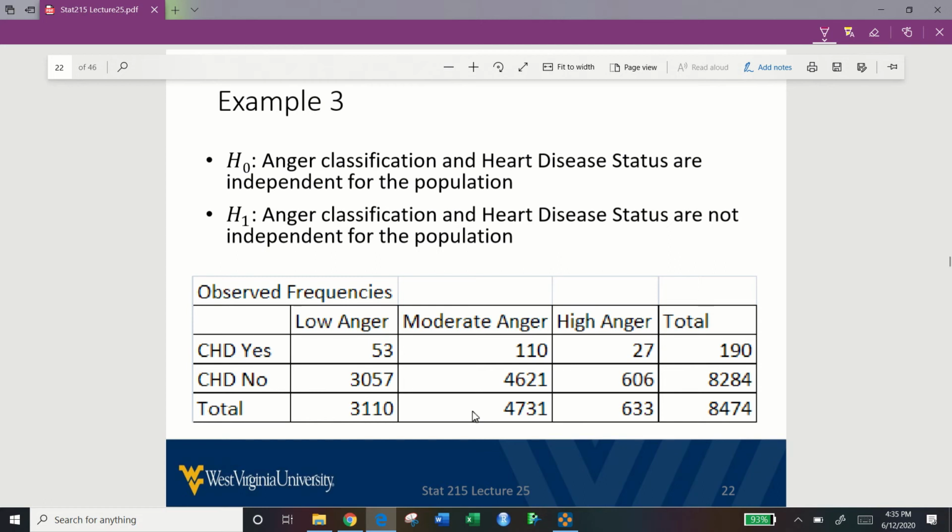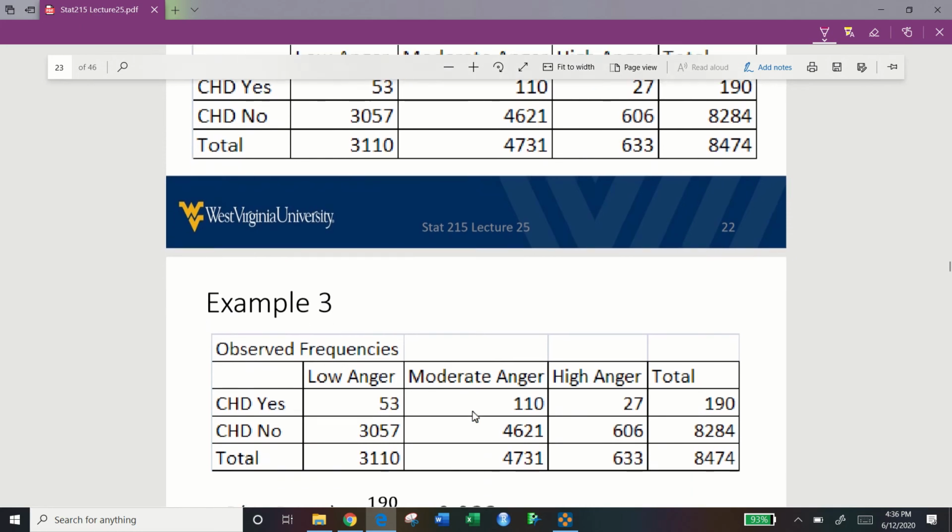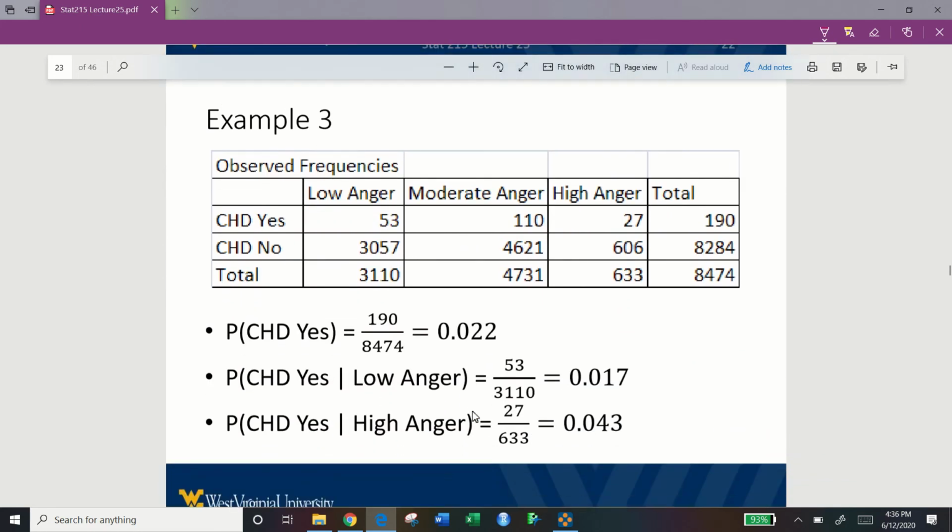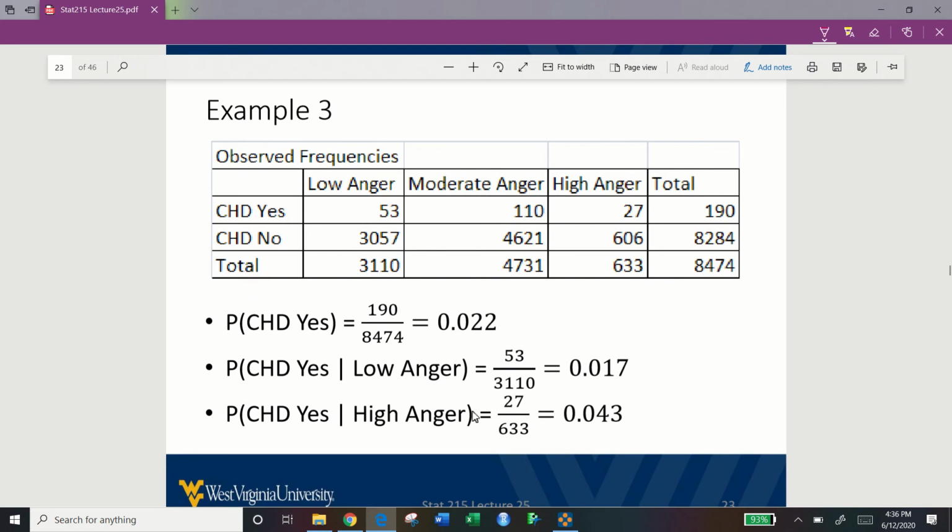In our table, we have our observed frequencies of our anger status and our CHD, or heart disease status. Notice we were also given our marginal frequencies. Okay, so now that we were given our observed frequencies, we can review quickly how to find probabilities of certain events.